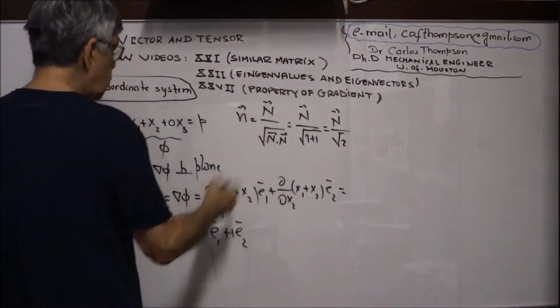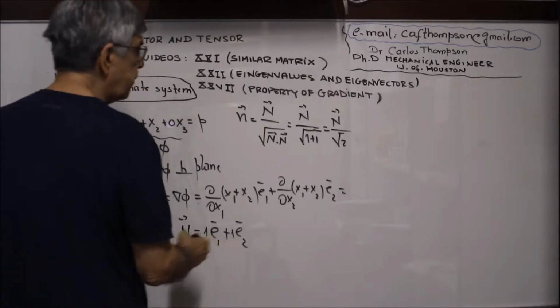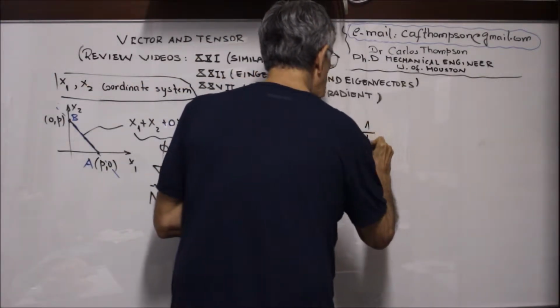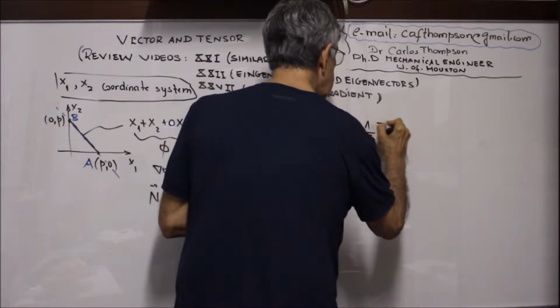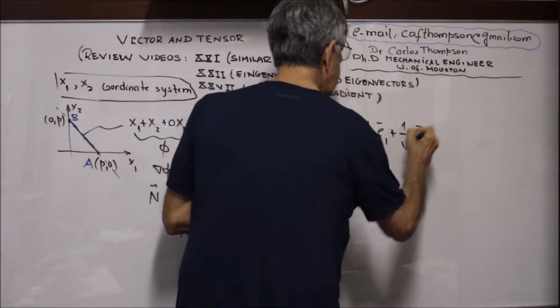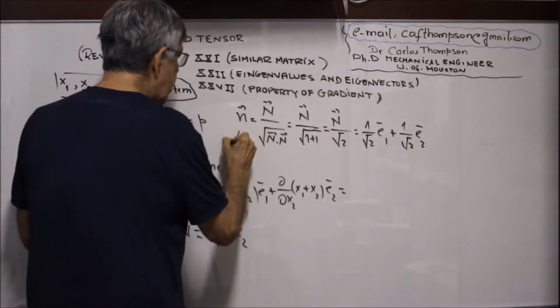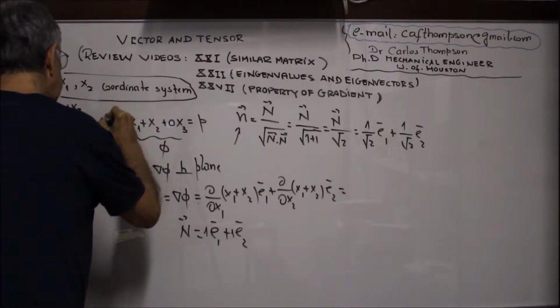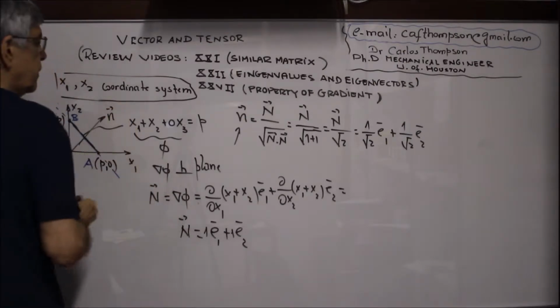So n is (1, 1) over the square root of 2, which is 1 over square root of 2 E1 plus 1 over square root of 2 E2. This is the unit vector n over here.